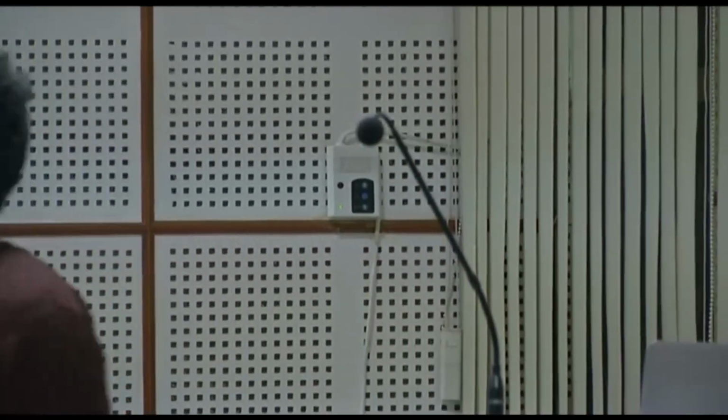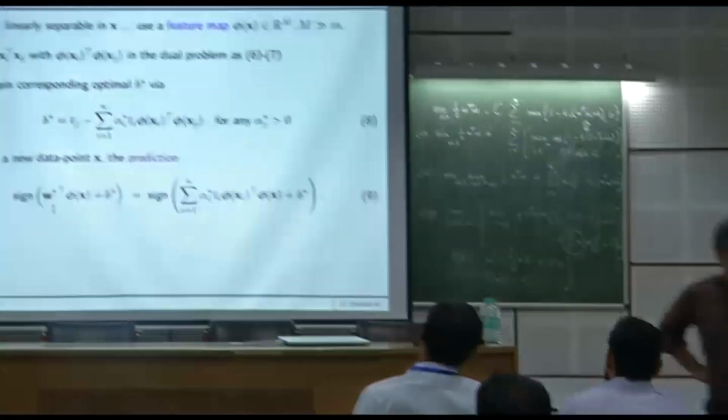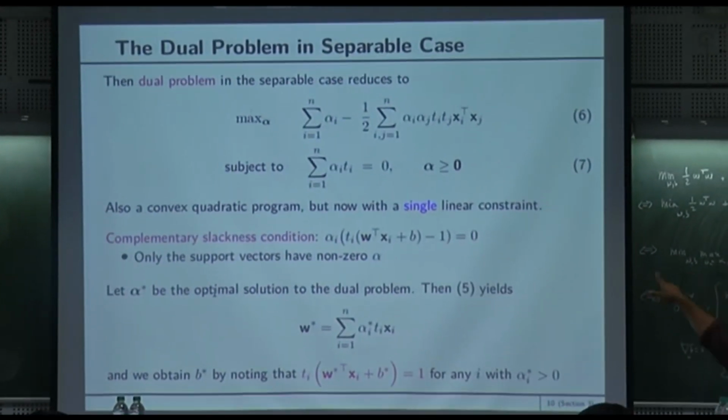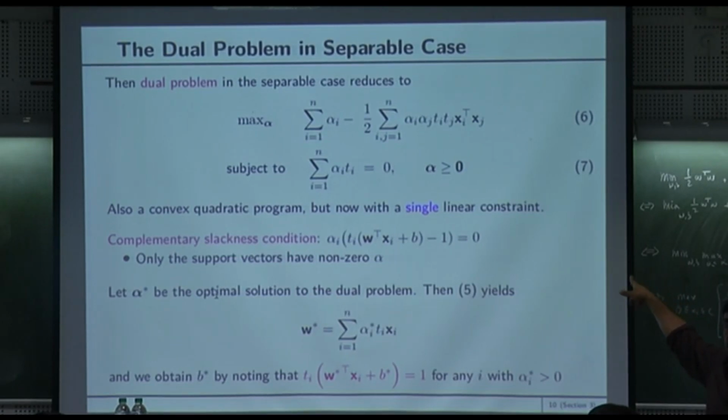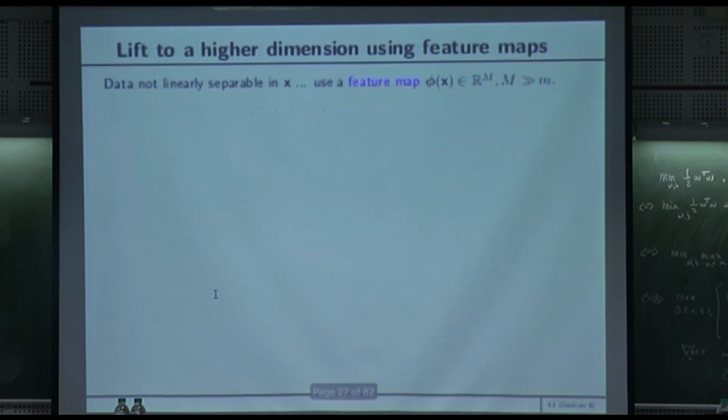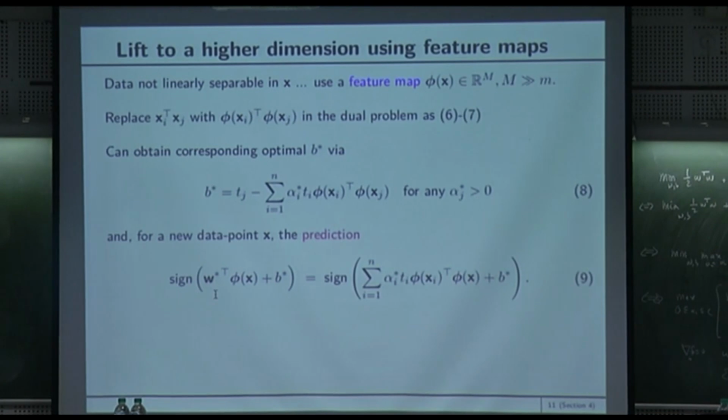So now what we're going to do is, remember in the dual problem, the only thing that matters is x_i transpose x_j. So instead of the vector x_i, I have some higher dimensional vector phi of x. I simply replace that by phi of x_i transpose phi of x_j. Everything else works just as it is.